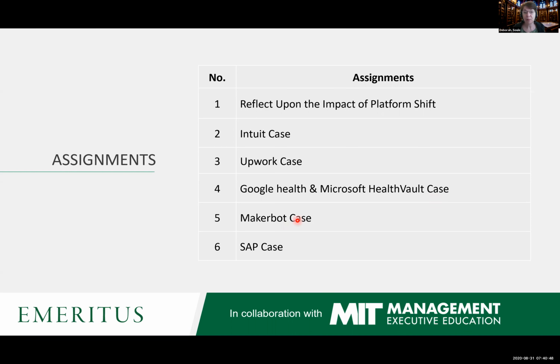Week 5 is our MakerBot case, which focuses on open innovation. Each of the cases is tied to the module's topic. And then SAP, the case focus is governance. SAP, you may recognize, is a well-known company around the world. They provide enterprise resource planning software.